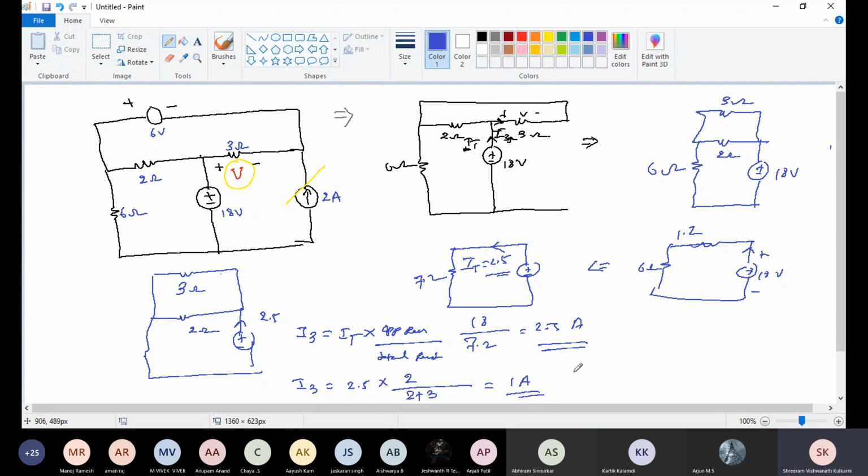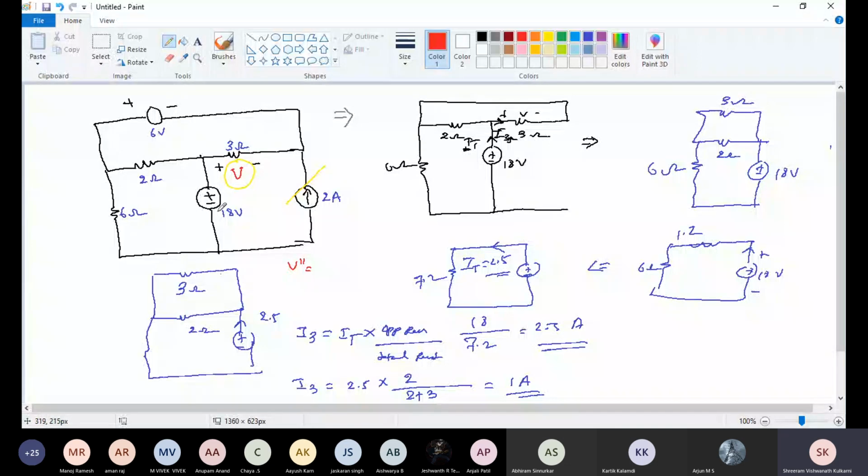Now, with this 1 ampere through the 3 ohm resistance, the voltage across the 3 ohm resistance we need to calculate. When the 6 volt is acting alone, I named it V dash.